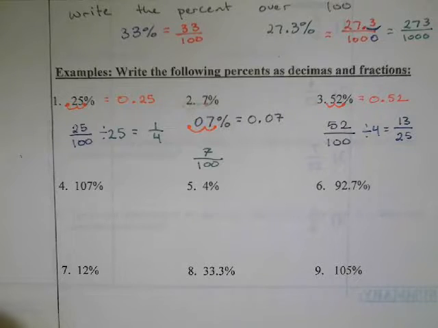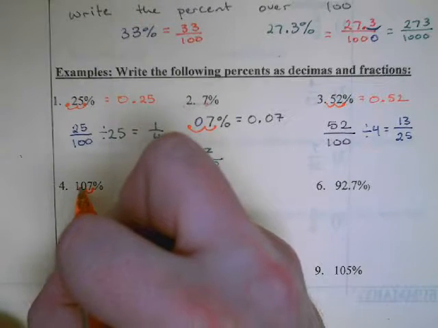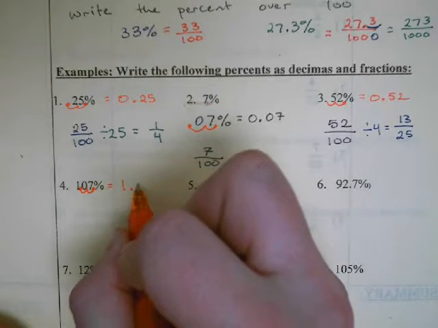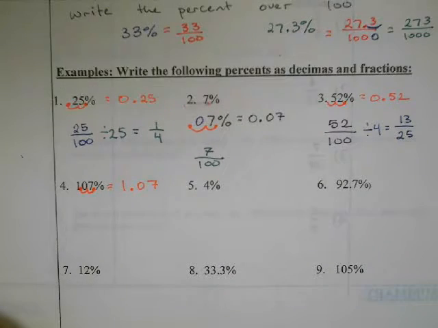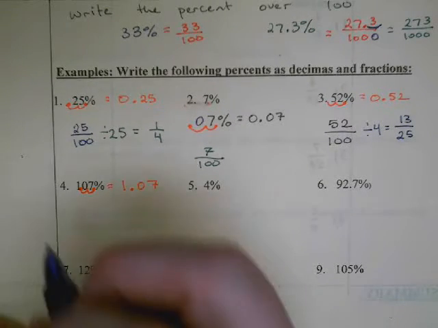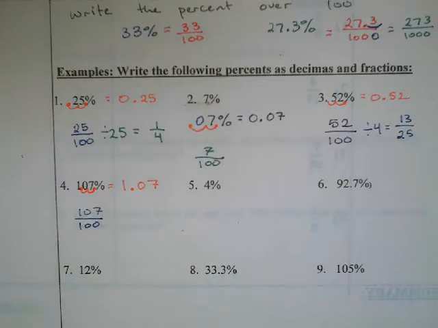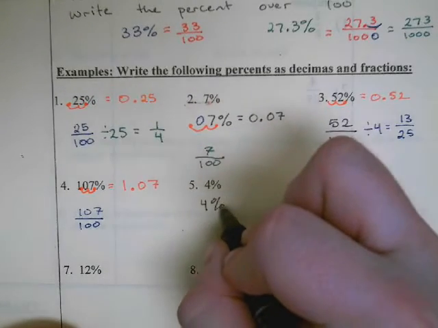Okay, let's look at a couple more examples. So we'll take our decimal, we're going to move it twice. So we go 1, 2. Well, now if my decimal is right there, this is really equal to 1.07. And then to write it as a fraction, we'll take that 107 and put it over 100. Let's try number 5. I'm going to need some more space. So I'm going to rewrite the 4%.